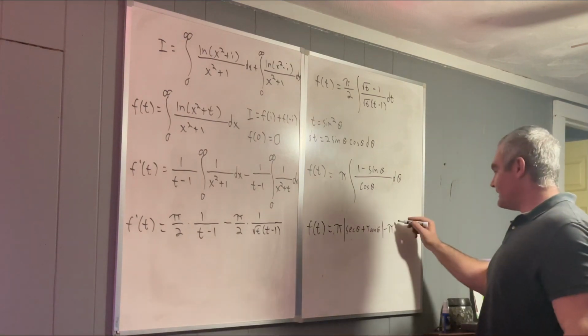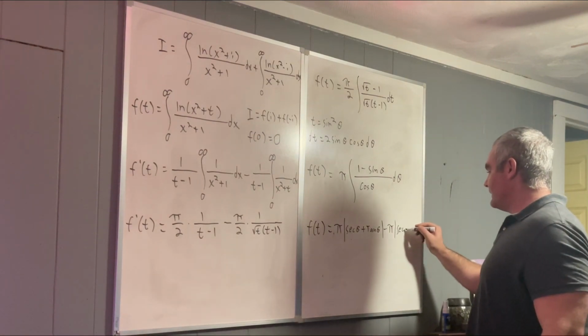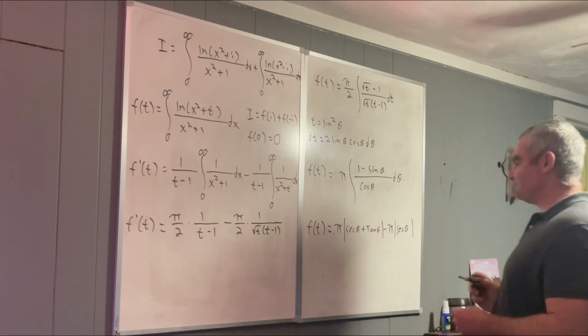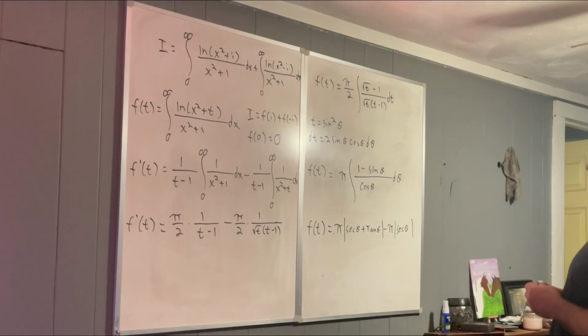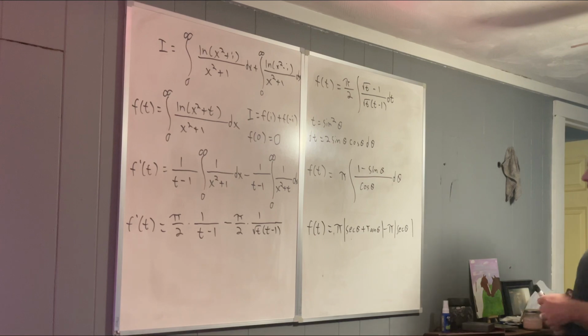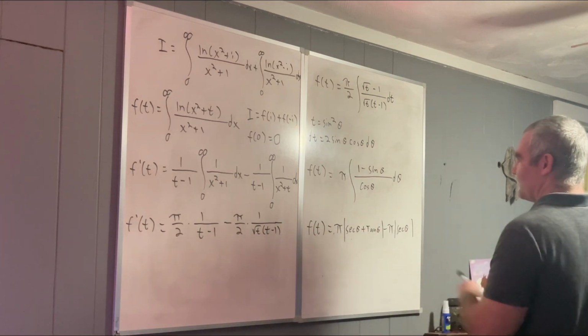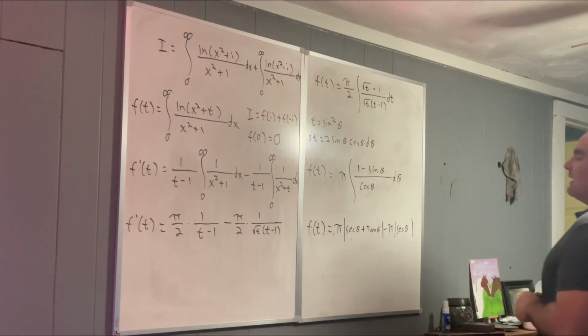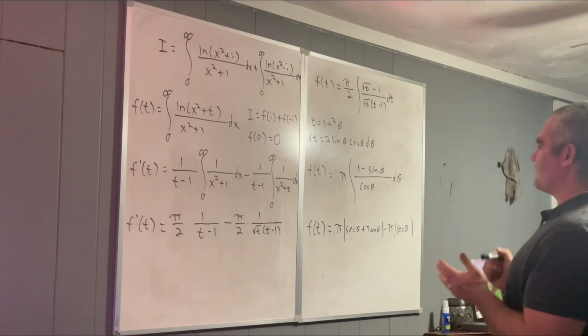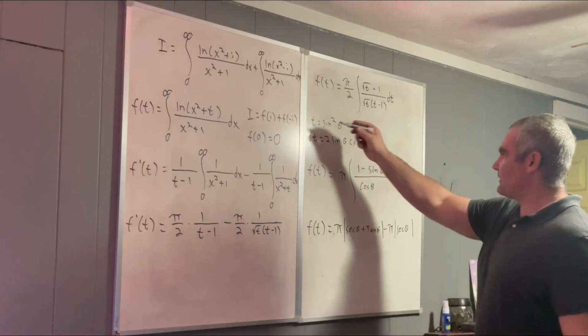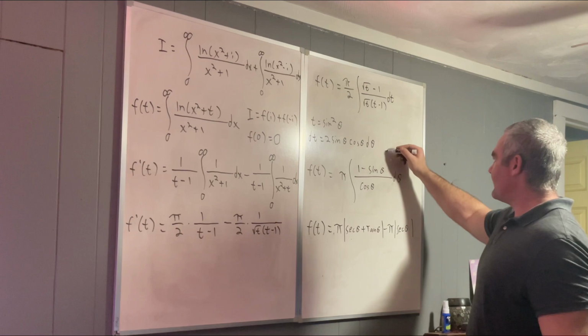And we know that that is the absolute value of secant theta. All right. Now we need to anti-substitute back in for theta. We need to get theta back to t. So based on our triangle, what does our triangle look like with the substitution t equals sine squared theta?